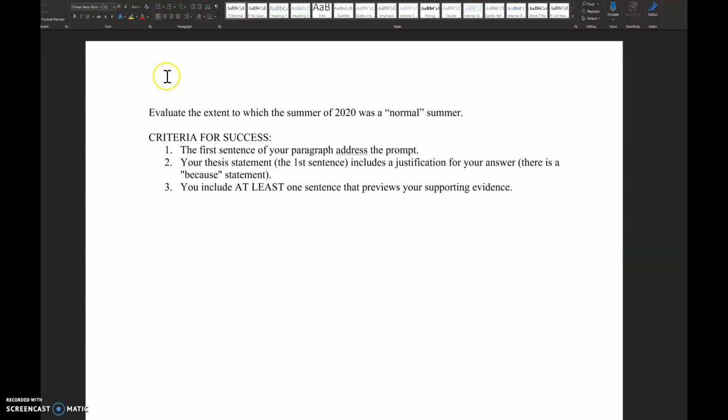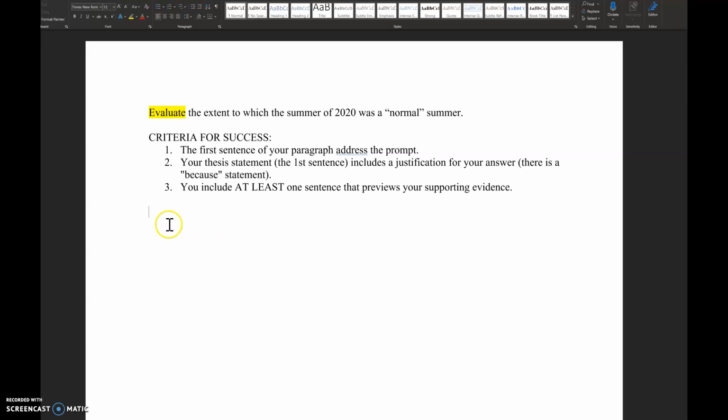Every prompt that you're going to see on a unit exam is going to be an evaluate prompt. So what does it mean when it's telling us to evaluate? Evaluate just means take a position on this statement or question.